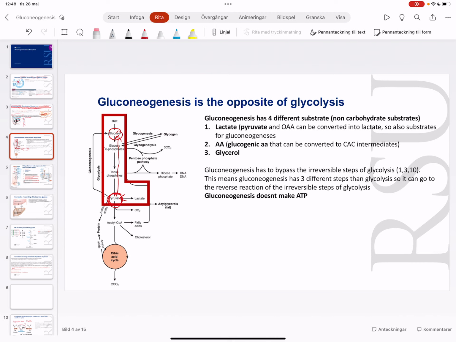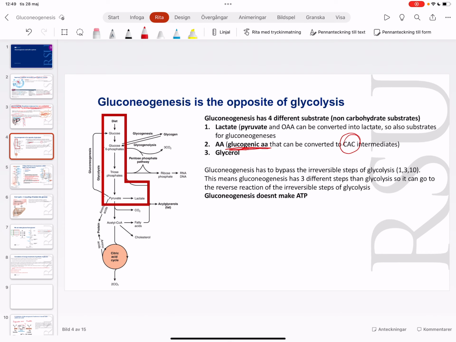Amino acids can be converted into intermediates of glycolysis and used for gluconeogenesis. Also, glucogenic amino acids can be converted into citric acid cycle intermediates, and then go back to gluconeogenesis.